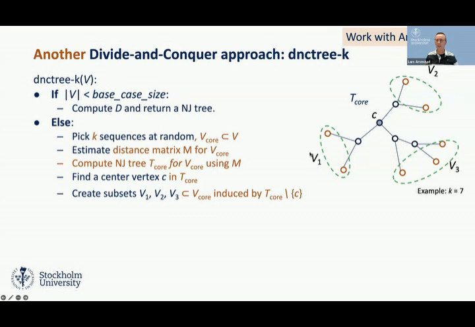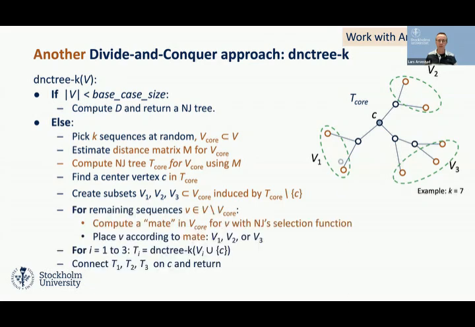And these will then form the first 3 subsets that will induce our subproblems. And what we do next is similar to the first algorithm, go through and decide in which subproblem each of the other sequences belong.